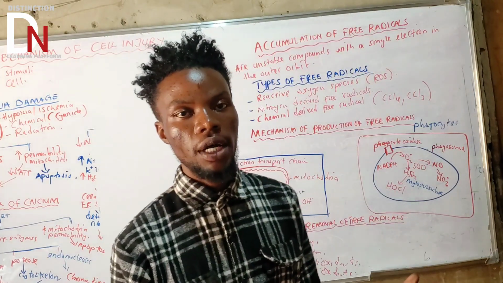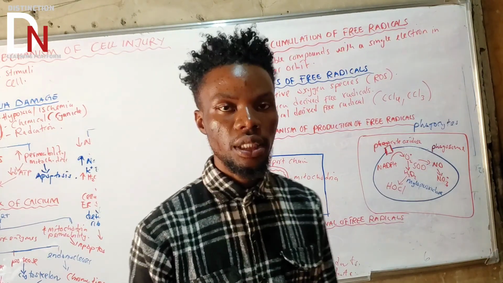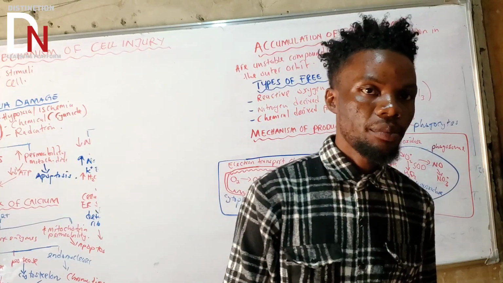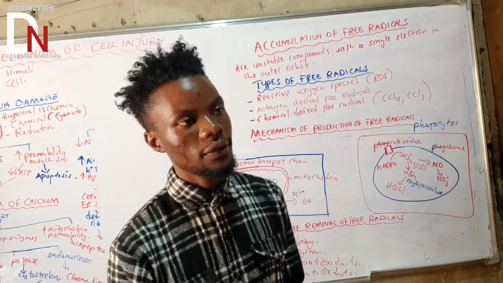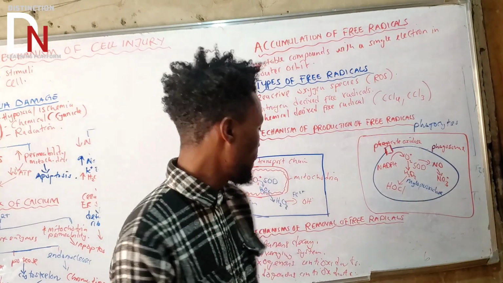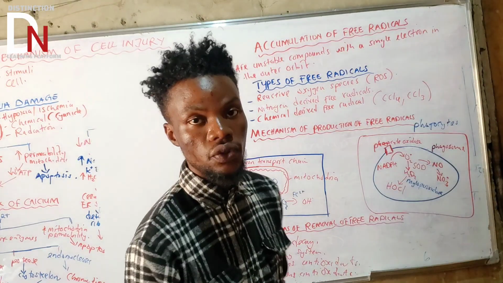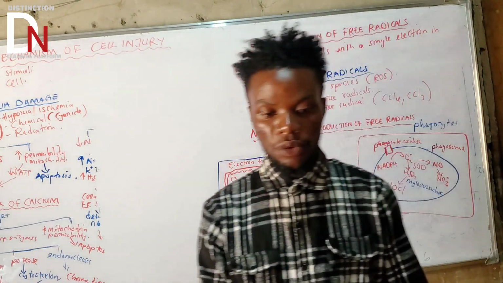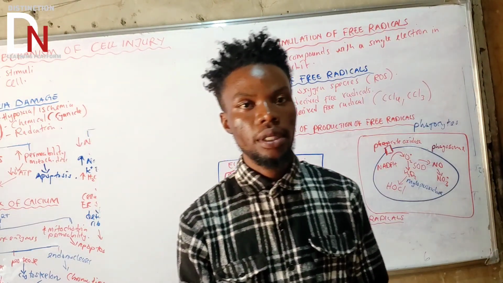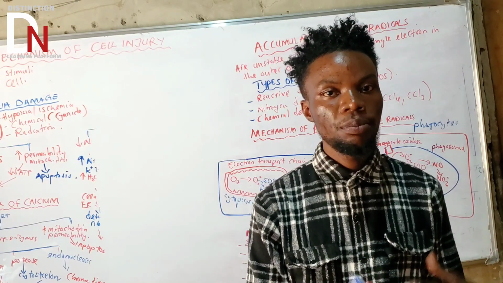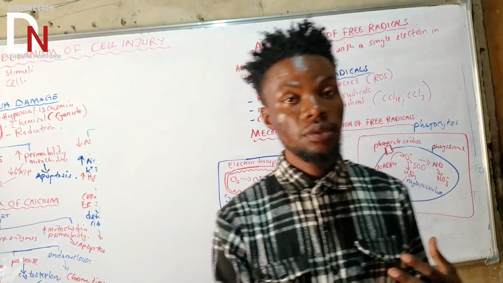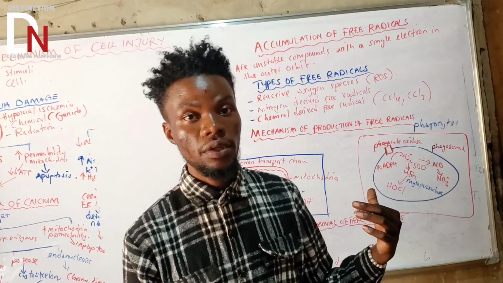So what if we don't have iron there? Basically there are some proteins found within the blood, like the transferrin molecules. Transferrin helps to keep iron, preventing it from going to different cells so that it cannot promote the Fenton reaction.